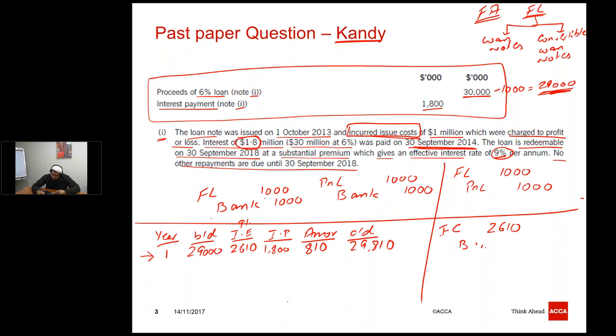The amount already paid from the bank is 1,800 and the financial liability shall be increased by 810. So this is the entry that should be recorded in the financial statements to record this transaction.